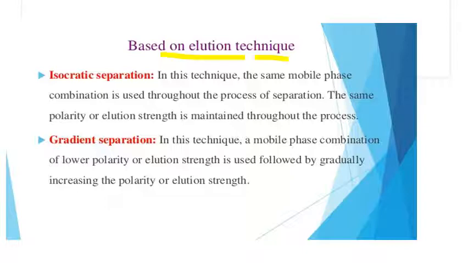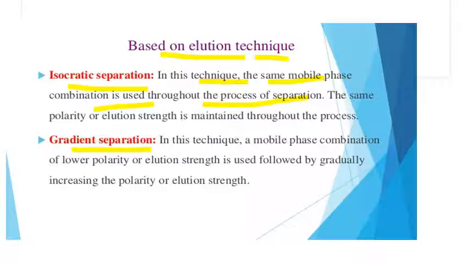The one is isocratic separation and the other one is gradient separation. So what is the difference between these two types of HPLC? In isocratic separation, the same mobile phase combination is used throughout the process.